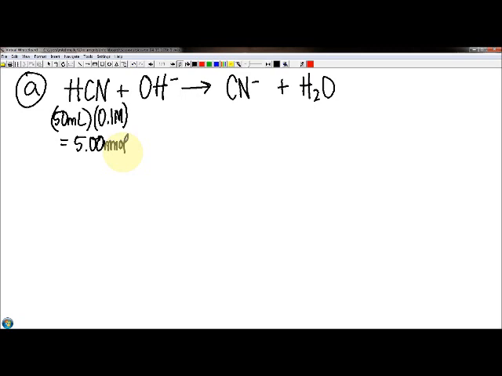We are adding in 8 milliliters of 0.1 molar sodium hydroxide. So 8 milliliters times 0.1 molar for the hydroxide is 0.8 millimoles. We are starting with 0 millimoles of the cyanide, and water is a liquid, so we're not concerned. This is what is before the reaction taking place.